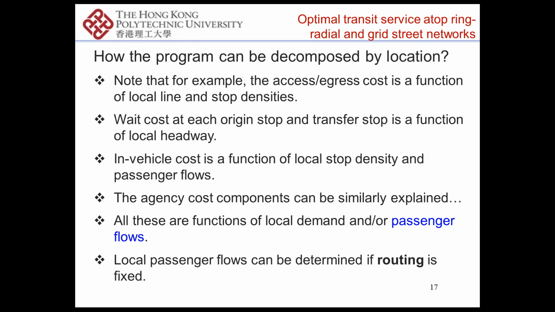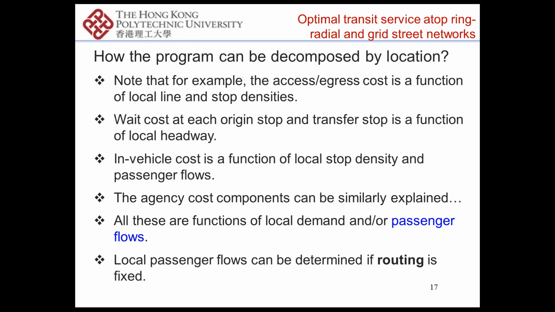not other locations. The wait cost at each origin and transfer stop is going to be a function of the location-specific headway. The in-vehicle time spent by each passenger at a specific location X is going to be a function of the local stop density at X, and also the passenger flow that passes through X. And we're going to stop here.